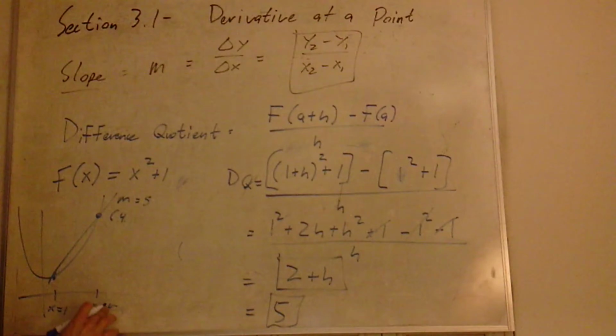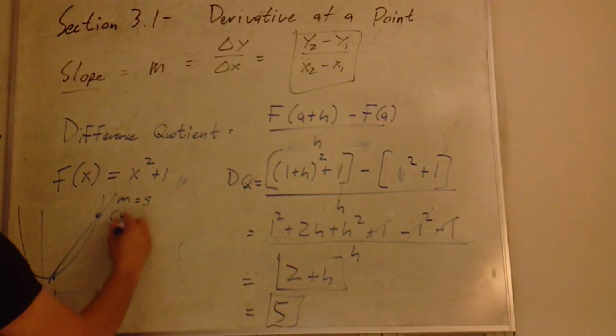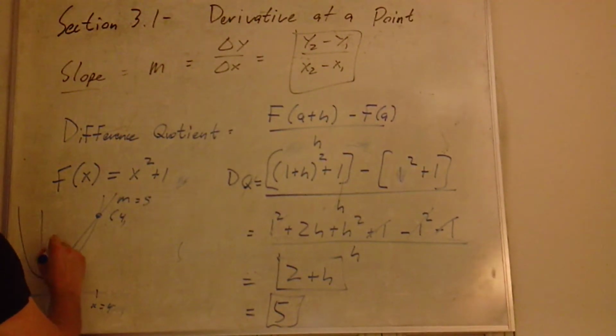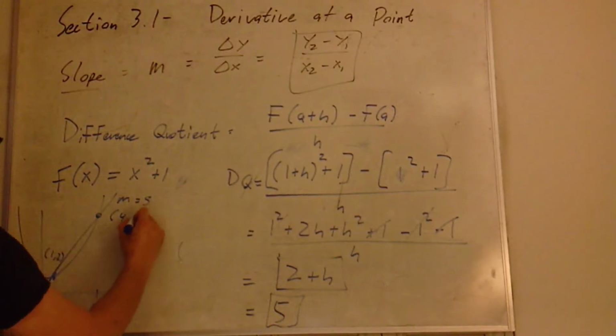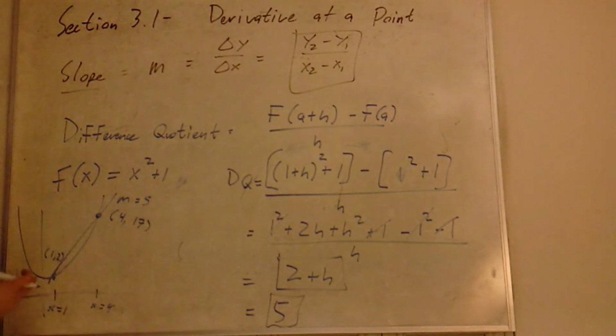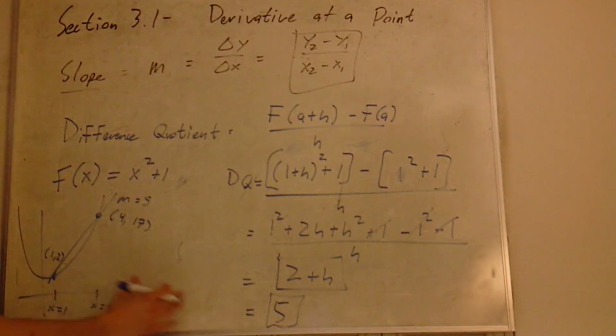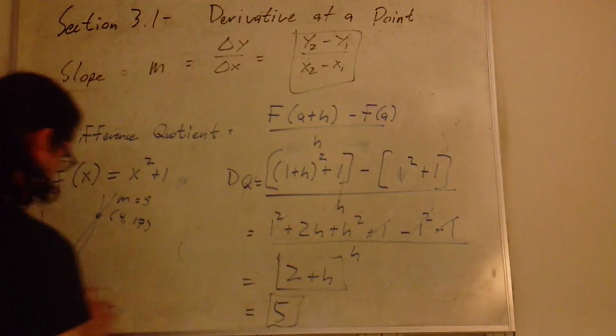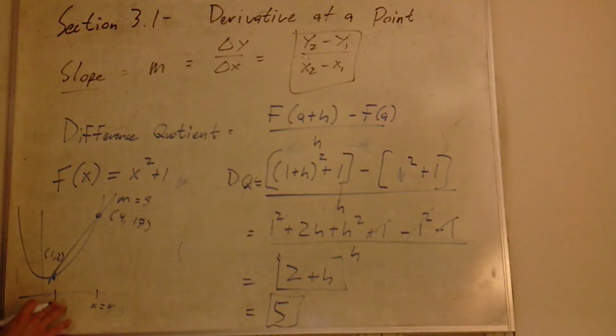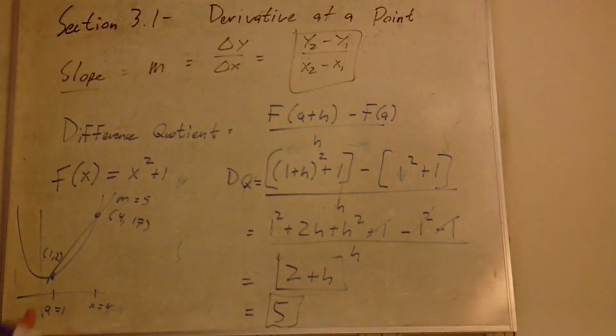When x equals 4, I had a slope of 5 between 1, 2, and 5, and 4, 17. But because I have this, based on this a equals 1 point, I can very easily now find the slope between this and pretty much any other number.